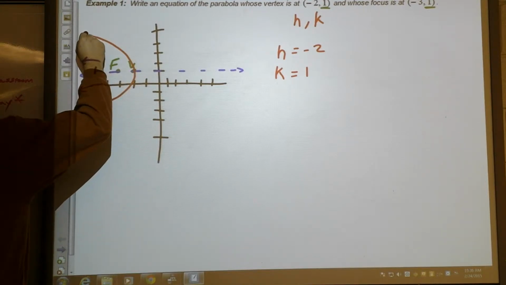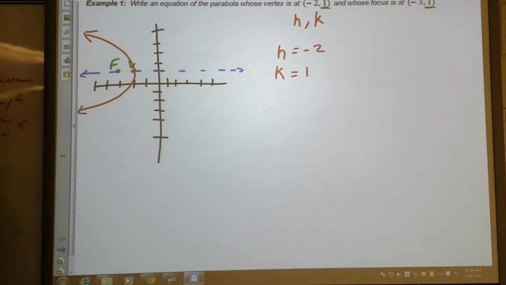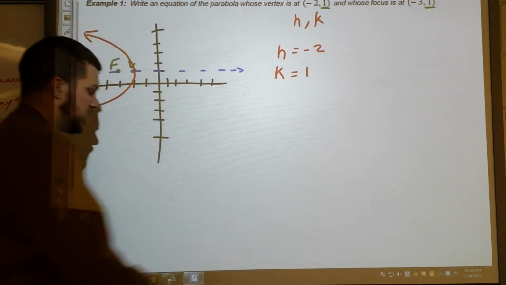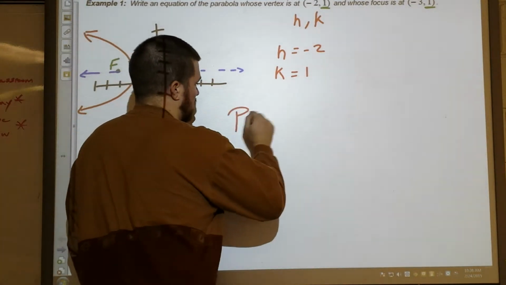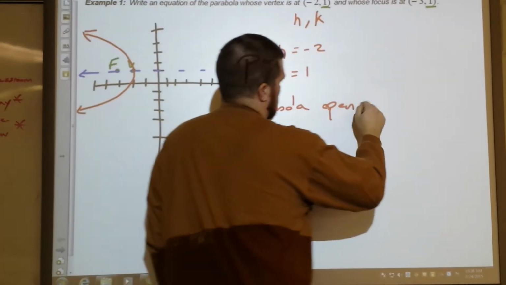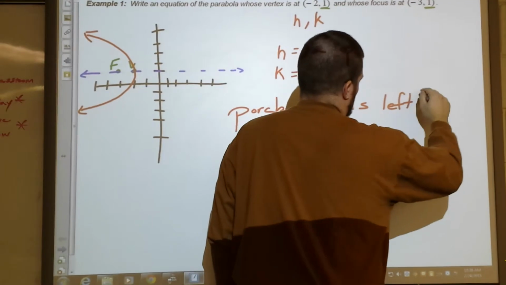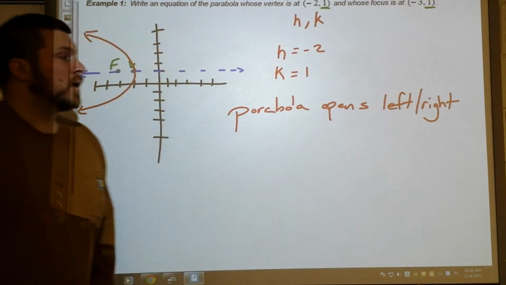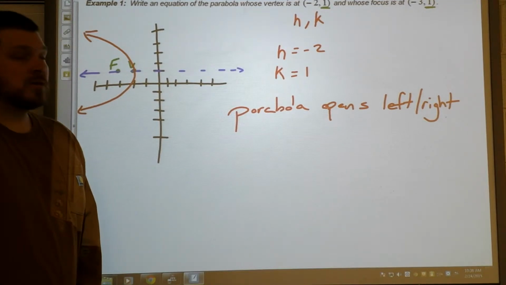So that's just a sketch of what my parabola looks like. Now, since we know what the parabola looks like, I know what type of rule to use.